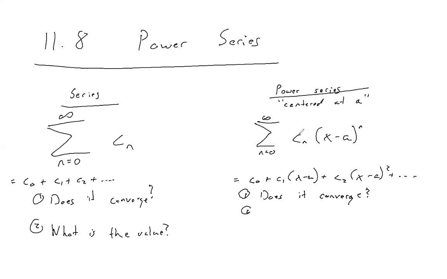Maybe my power series will converge for some x, but not others. Okay, so maybe we could ask, where does this series converge? Meaning, for what values of x? And then maybe the last question, just like over here, we ask, what is the value of this series? We could ask, okay, what does this series equal?